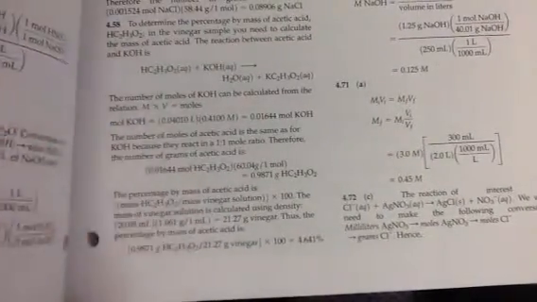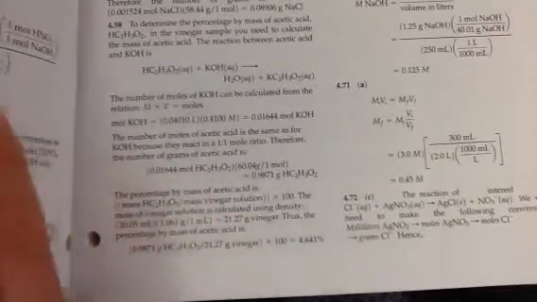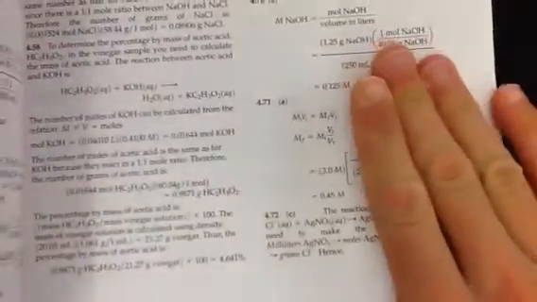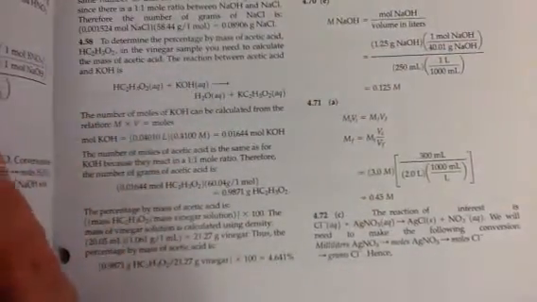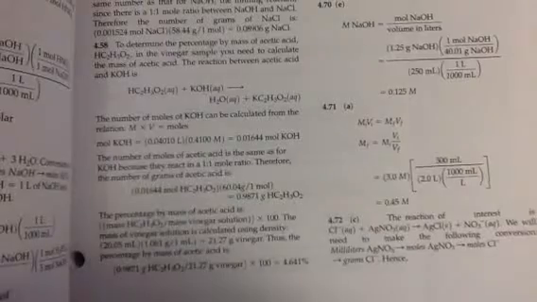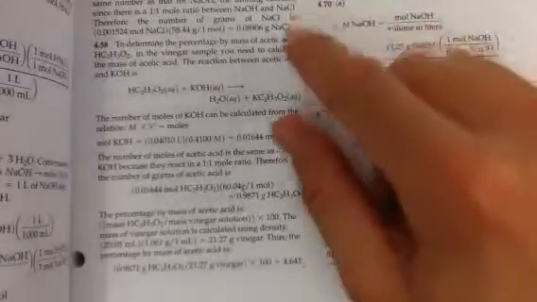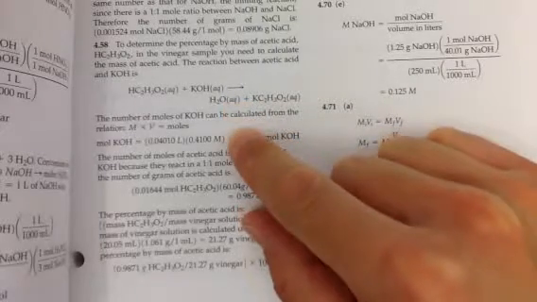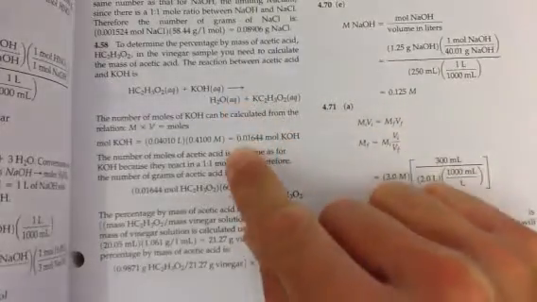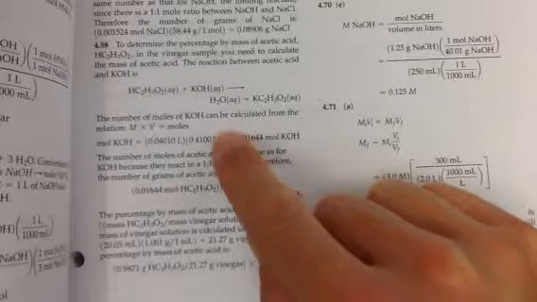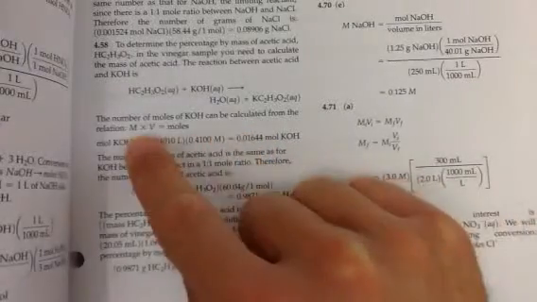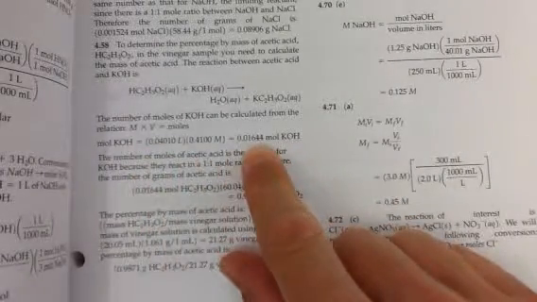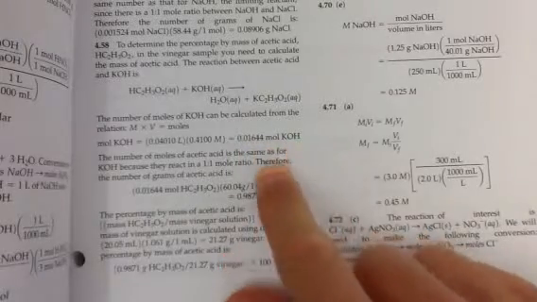What you need to do is first come up with a balanced equation between the acetic acid and the KOH. That's the first step, and that is this balanced reaction right there. Then once we have the balanced reaction, we can calculate the moles of KOH by multiplying molarity times volume, and we get 0.0644 moles of KOH.